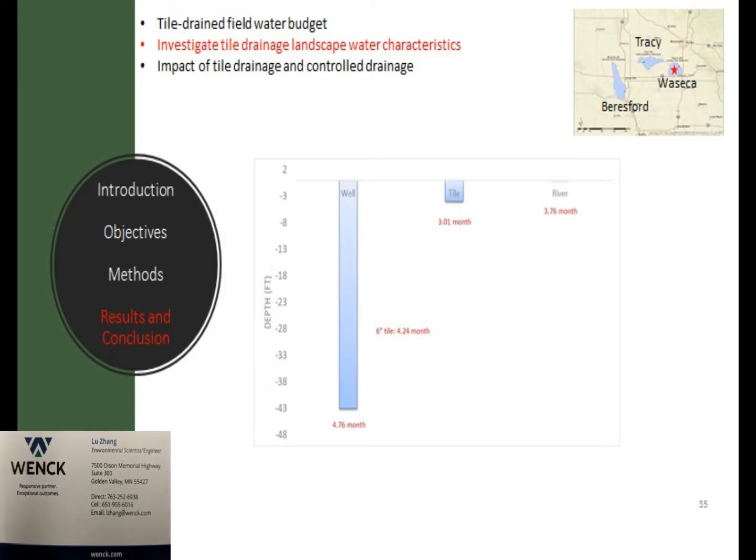And for tile, it could have part of the groundwater input and part of the precipitation, so it sits in the middle after about 3 months. The 6-inch tile, the shallow groundwater, is at 4.2 months, and the river is roughly at 3.76 months.